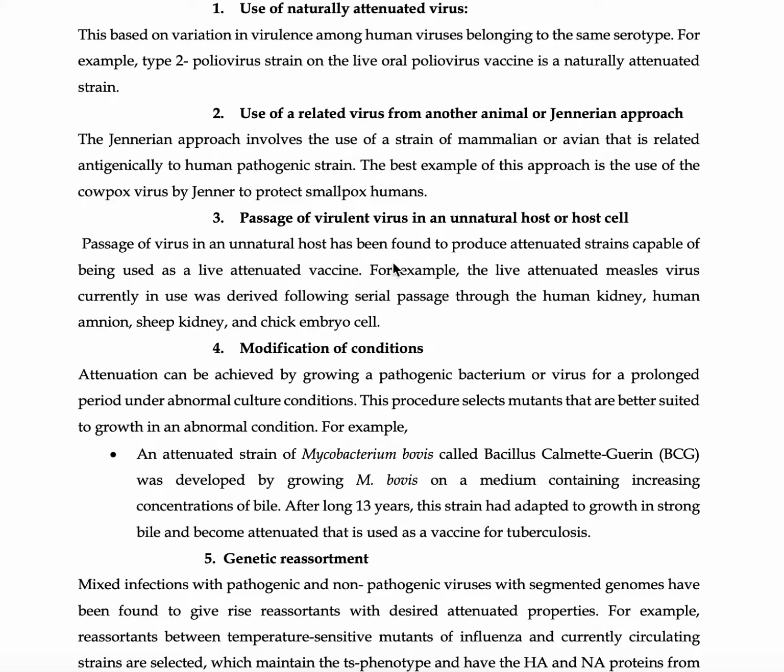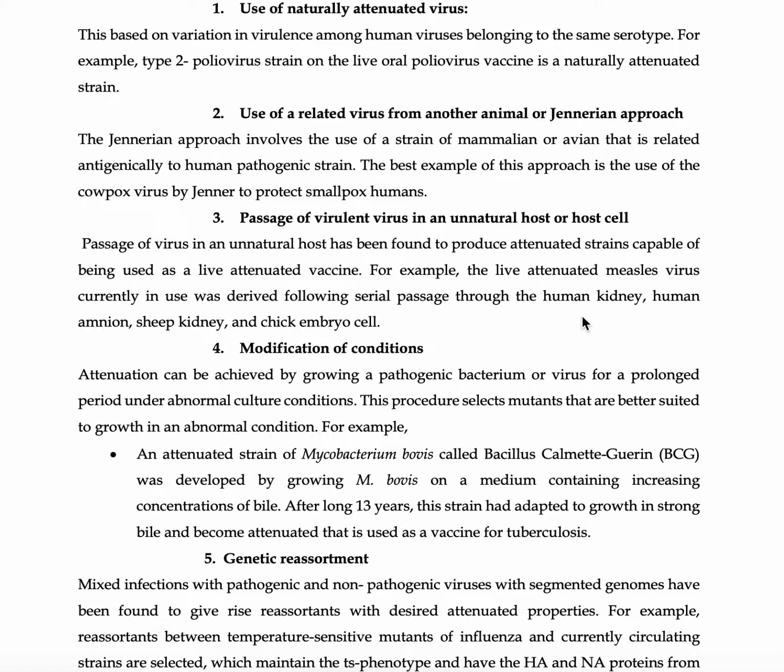So in this approach, we culture the virulent virus in its unnatural cells. Take, for example, the measles virus. Measles infects the lower respiratory tract, the epithelial cells of the bronchi and of the lower respiratory tract. To make it attenuated, the virulent measles virus was cultured and passaged in human kidney cells, for example.